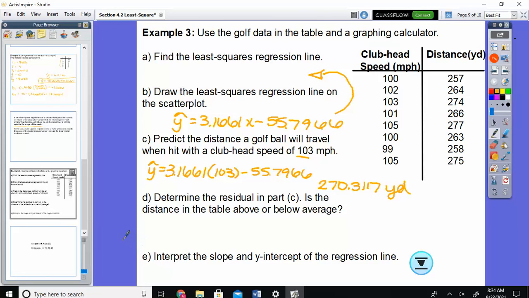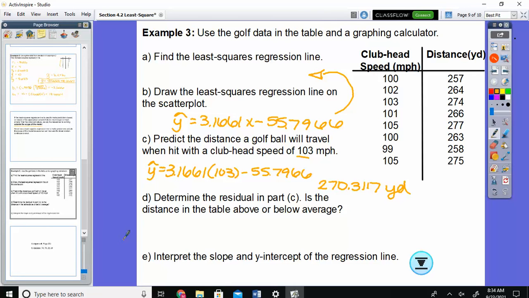Okay, I'm going to ask you to do a residual. So if you forget what a residual is, you have that formula sheet that tells you. Remember it's under that chapter 4, it's your observed minus your predicted.